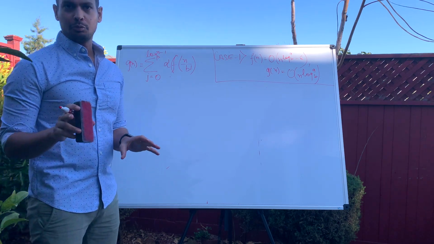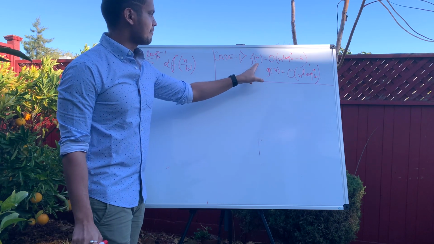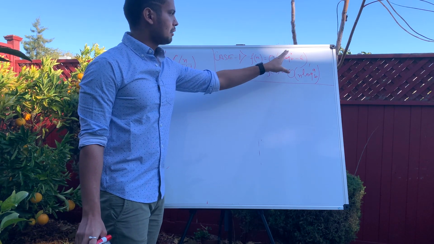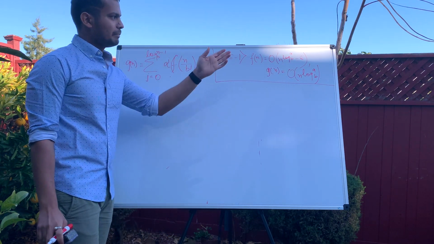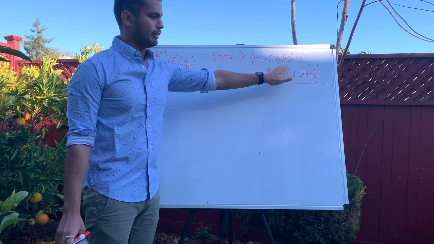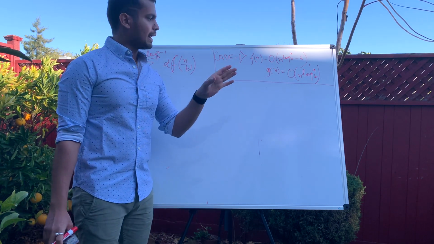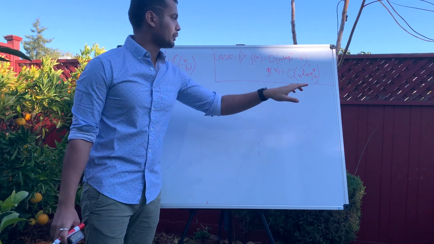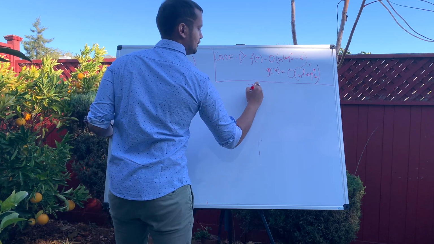Here we'll deal with the first case of the master theorem, where f(n), the function, is equal to O of n log ab minus some epsilon. What it basically means is that this particular function, the T(n) side of it, is dominant, and we'll prove that if that is dominant, then we will just care about n log ab.